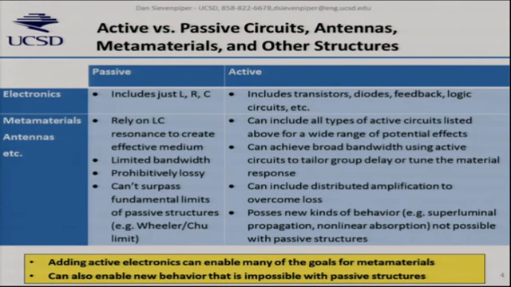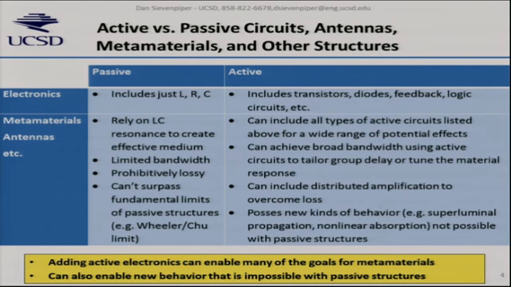So if you apply that same idea to RF structures, metamaterials, antennas, whatever you like, you can see a similar parallel. The current approach using LC resonance, I would say, is similar to what we'd have if electronics were just resistors, capacitors, and inductors. However, if we have all of these other devices, well, we can include amplification.